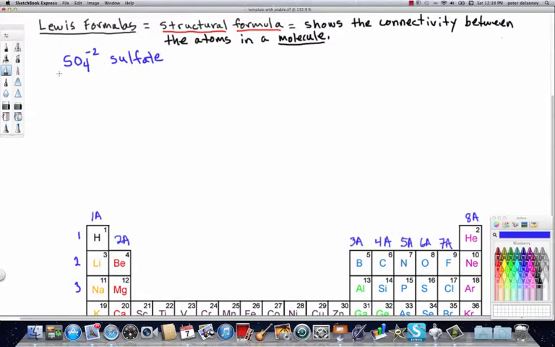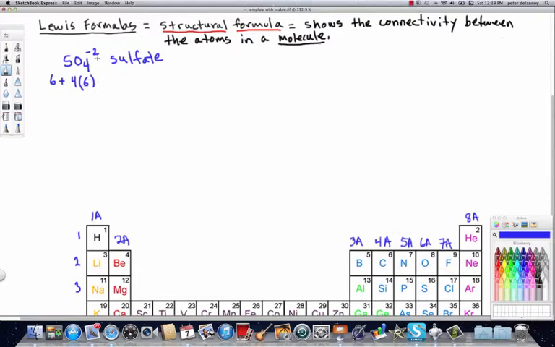And following the steps, sulfur is in group 6, so it's going to be 6 valence electrons for the sulfur, and there's only one of them. And then the oxygens, there's 4 of them, and oxygen also appears in group 6, so we're going to have 6 valence electrons from each.